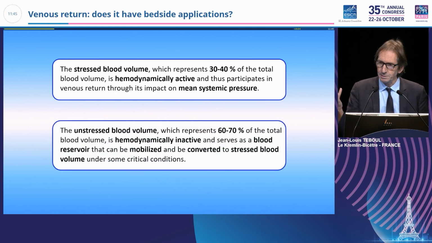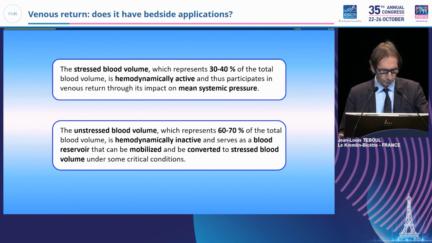And the unstressed blood volume, which represents 60–70% of the total blood volume, is hemodynamically inactive and serves as a blood reservoir that can be mobilized and be converted to stressed blood volume under some critical conditions.